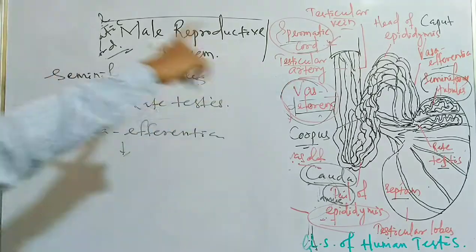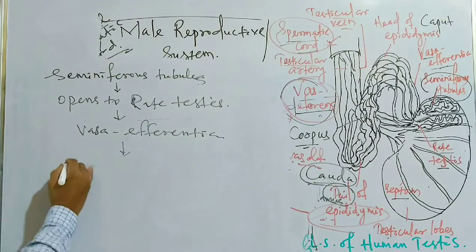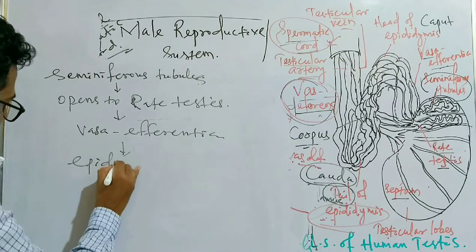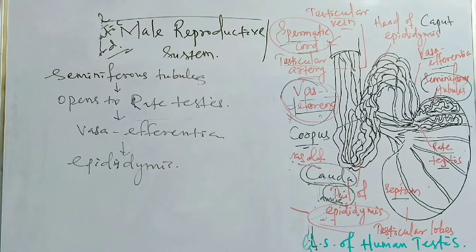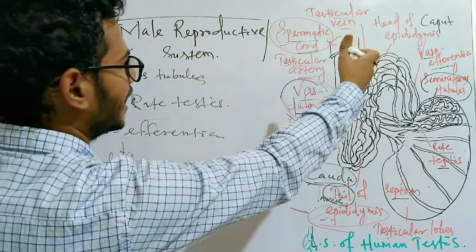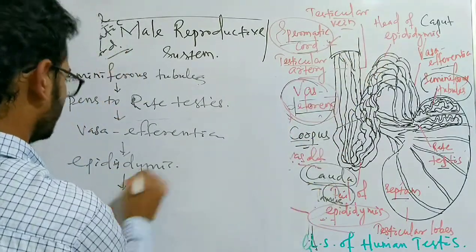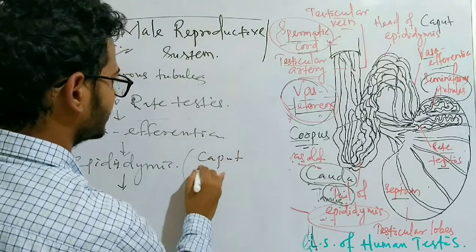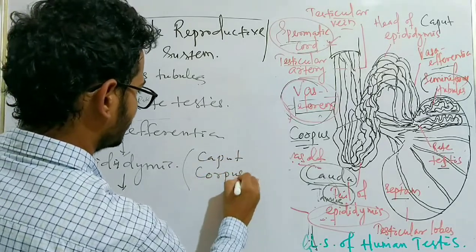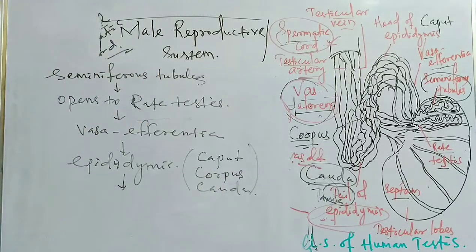From the vasa efferentia, it comes to the epididymis. In the epididymis, it goes from the head part, the caput, then corpus, the middle part, and cauda, the tail or last part.